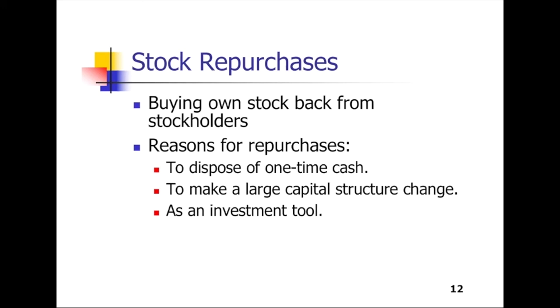What happens to the stock price? As we learned in the corporate value model, the price can be determined by the value of equity divided by the number of shares, right? So in this case, when stock is repurchased, this part goes down, right? The denominator goes down, so the stock price increases.